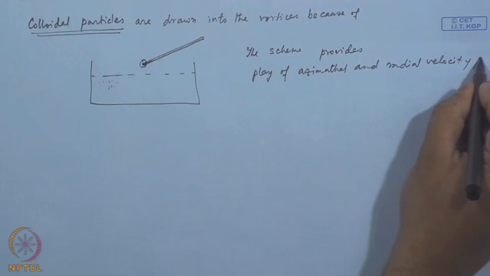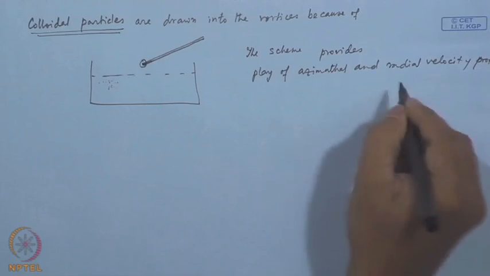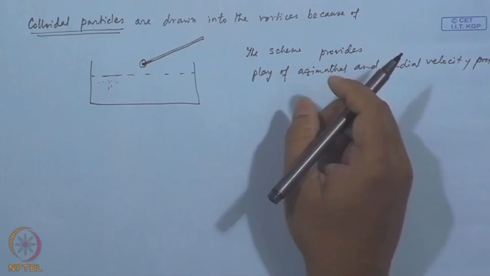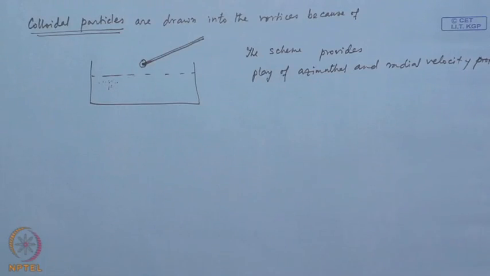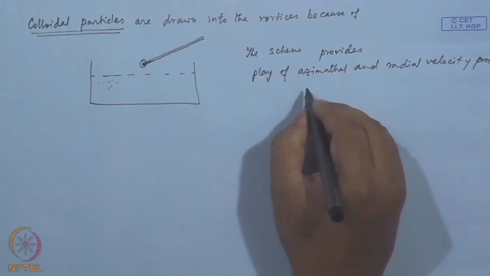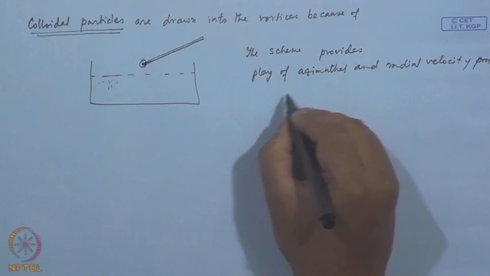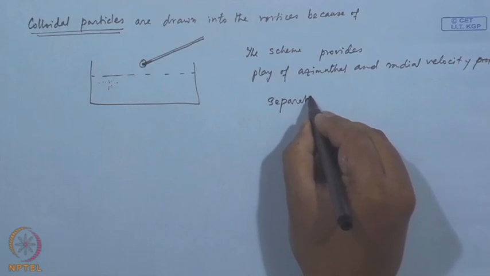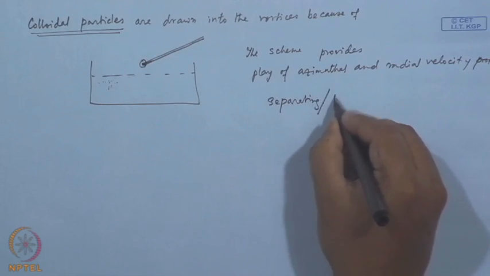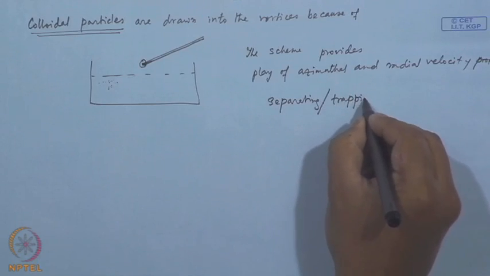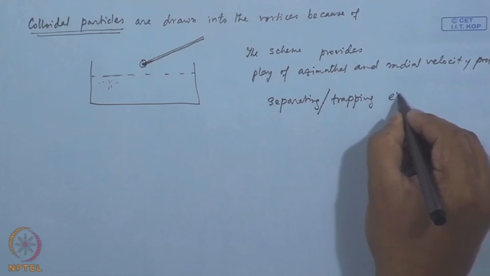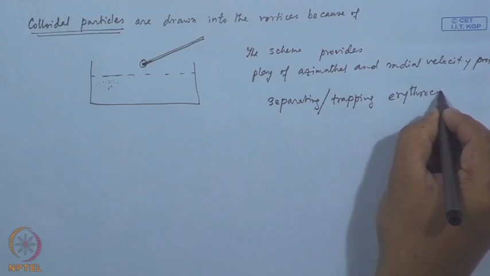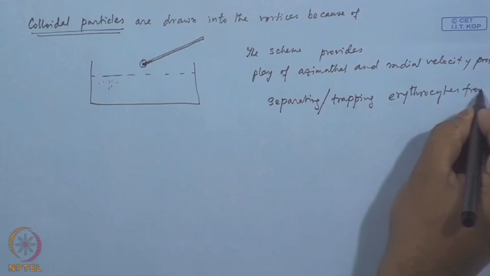So, they have control over this helical flow, swirl, that can be controlled by using these three mechanisms. So, they can be very effective in separating, or there is a term commonly referred to as trapping, erythrocytes, for example, from blood plasma.